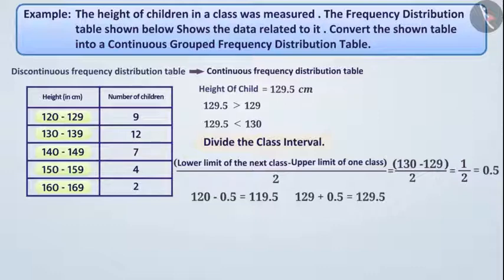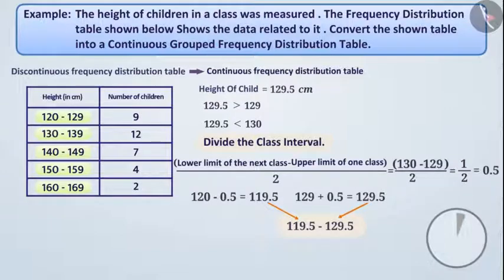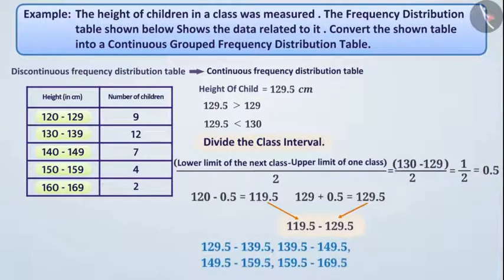In this way, we will create a new class interval 119.5 to 129.5. Now, you pause the video and similarly find all the class intervals. You will get the class intervals as follows.